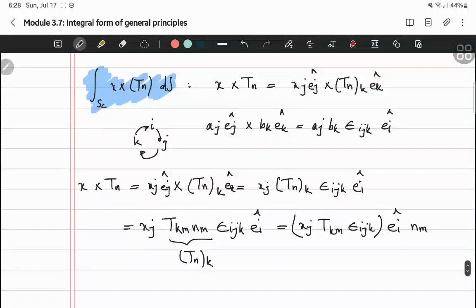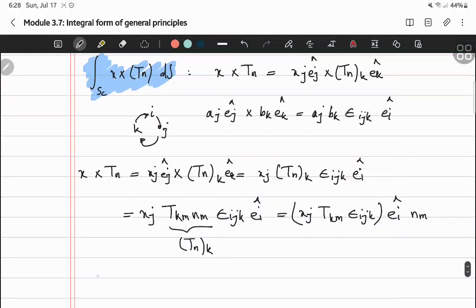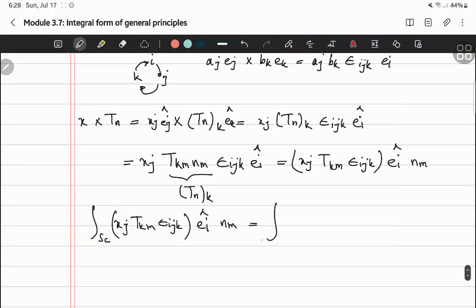So then we have this integral on Sc. And using the divergence theorem, this becomes the integral over Vc of the divergence of this, or the partial derivative of xj tkm epsilon ijk with respect to xm.